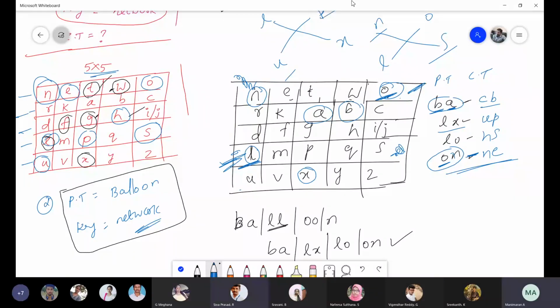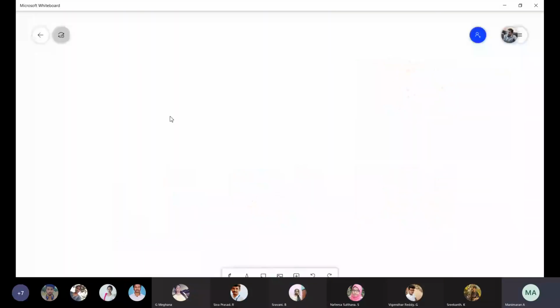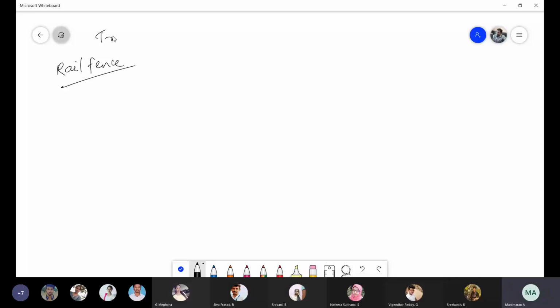Right? Next. Okay. We'll move to the transposition cipher, rail fence. So transposition cipher, rail fence is very simple.